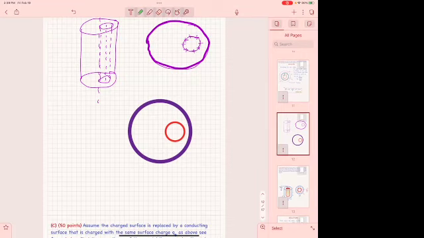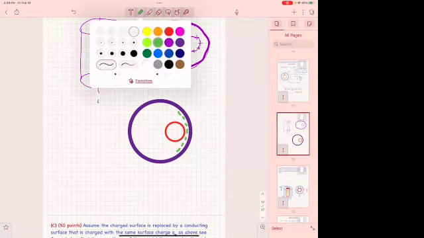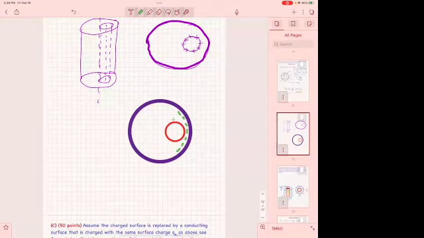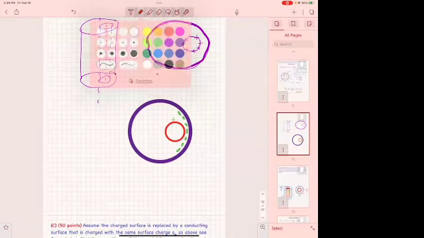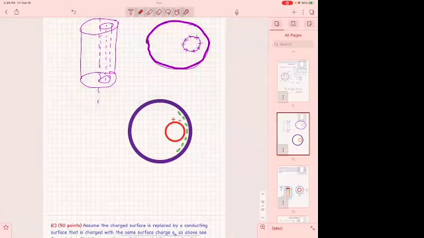So here, the negative electrons will come here and will concentrate, and the positive charges will come here. Okay, so now I have to solve that problem.